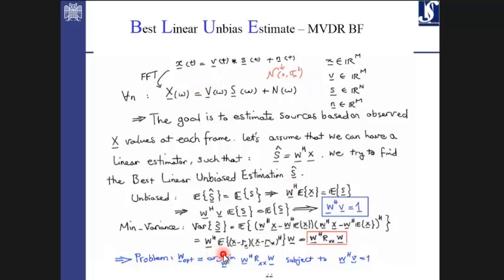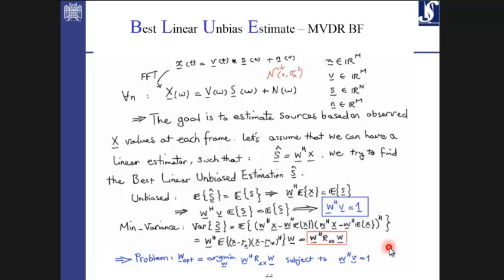The only random parameter is X. W could be taken out of this expectation. So it becomes W Hermitian times the covariance matrix of signal X times W. That's the variance of the estimate. And just remember that when we have W Hermitian X, the variance would be W Hermitian covariance of X times W.